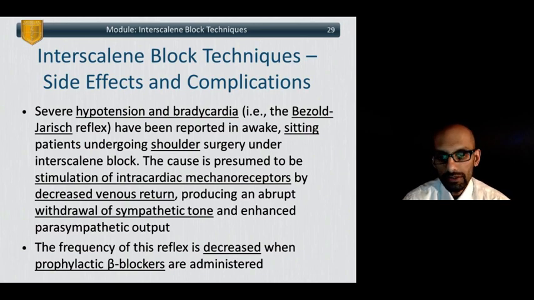So you may see this reflex. The frequency of this reflex is decreased when prophylactic beta blockers are administered, which is a little ironic. No one's ever perfectly explained why this may occur, but if you look this up, using beta blockers may actually decrease the chance of this reflex occurring.